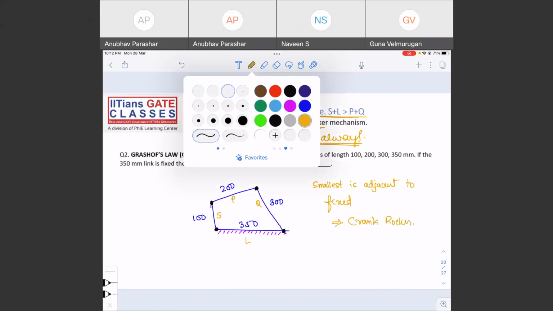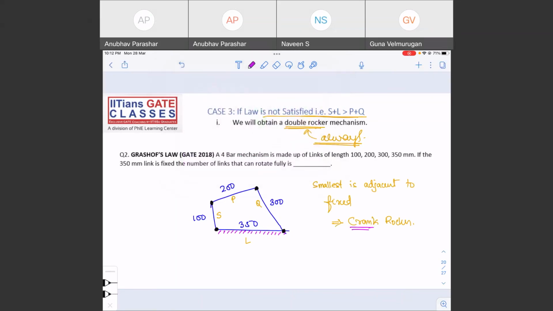So at least one link, that is the smallest link, you'll have rotation. Partial rotation, right? So what is the answer?